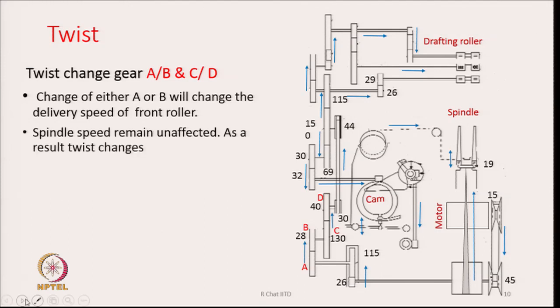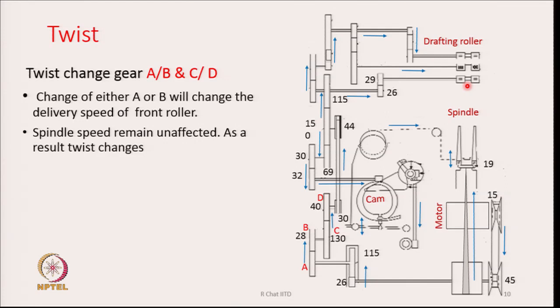Change of either A or B will change the delivery speed of the front roller. If I change the number of teeth in either A or B, then if you look at the motion transmission path, the motion from here goes through A, B, C, D, and reaches the drafting zone. That means if I change any of the gears A, B, C or D, ultimately the speed of the drafting rollers is going to change.